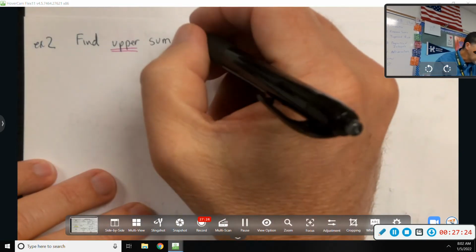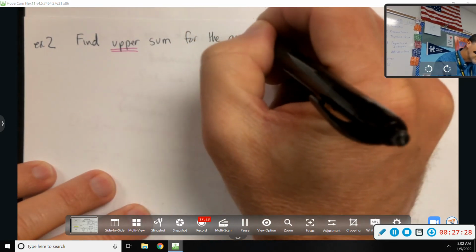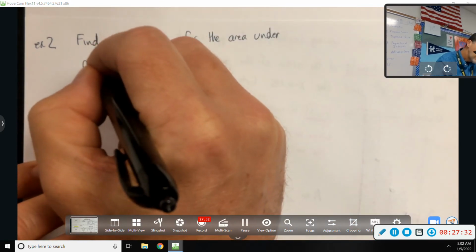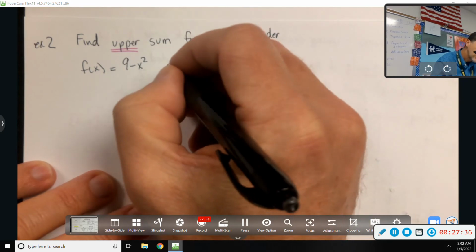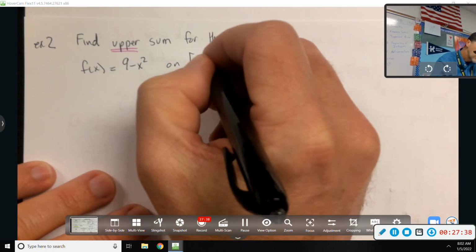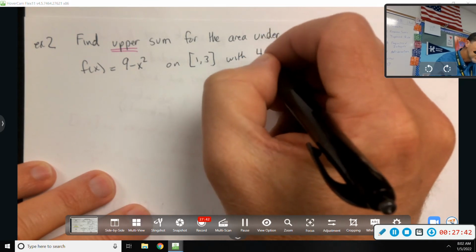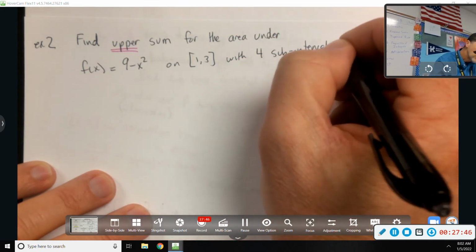Find an upper sum for the area under f of x equals 9 minus x squared on 1 to 3 with 4 subintervals.